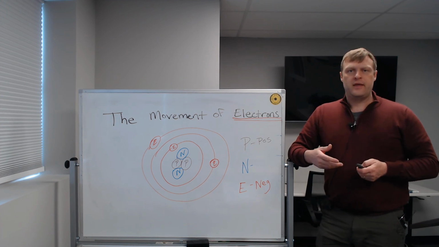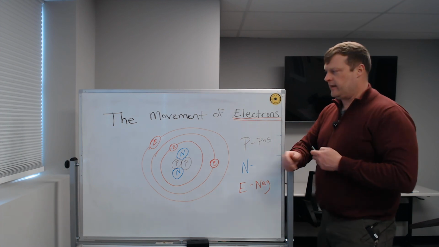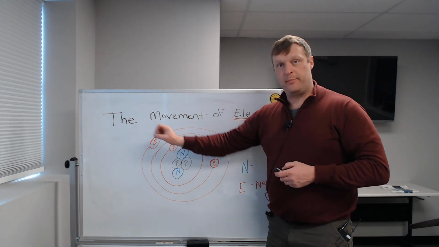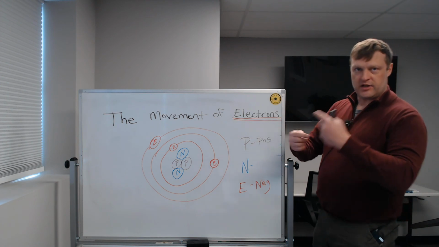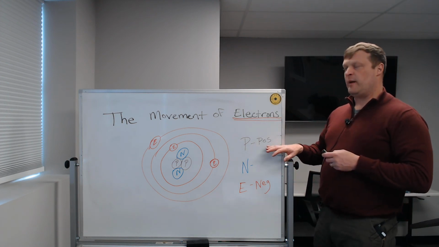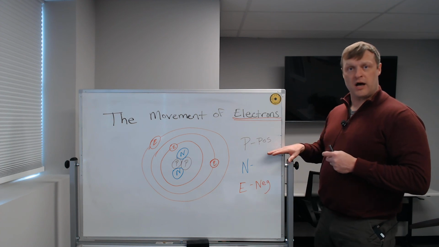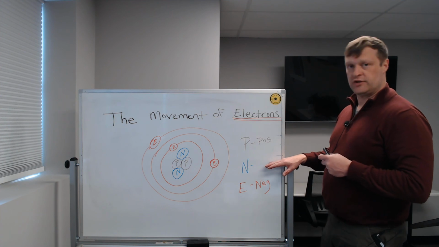But the basic idea is that electricity is when one electron can bump off of its original atom onto another atom. Remember that electrons are negatively charged, protons are positively charged, and neutrons are neutral.